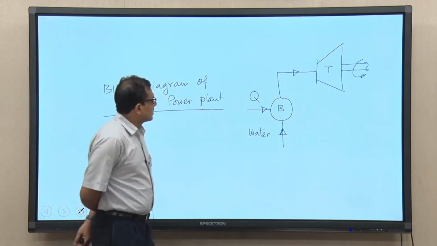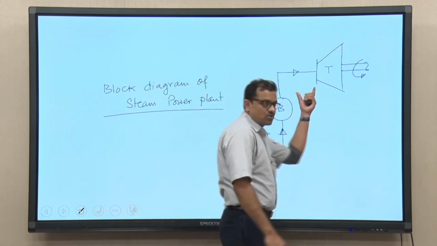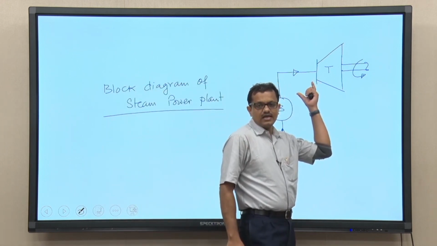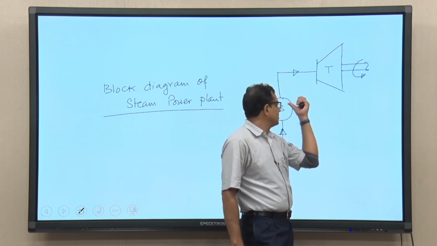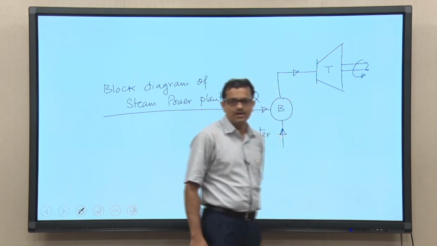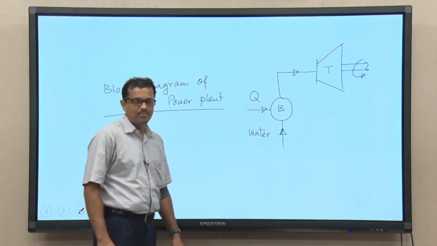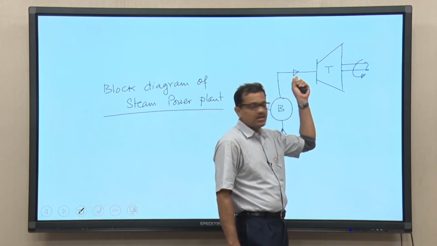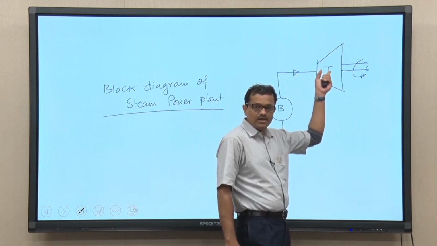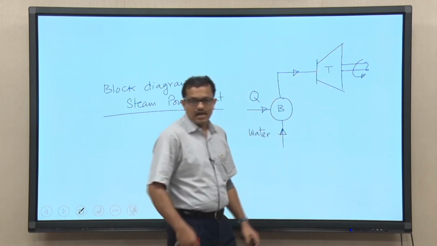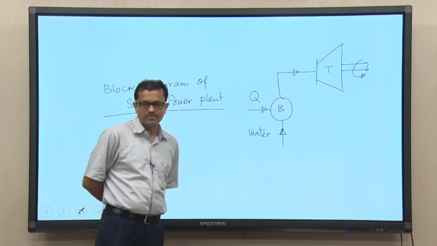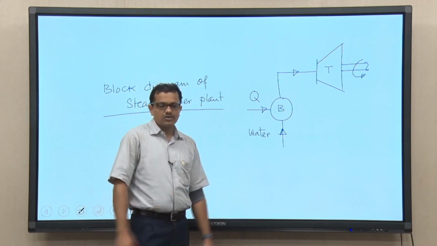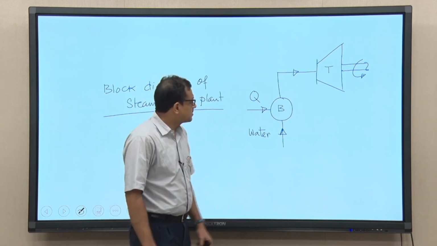It is not so straightforward as I have drawn it schematically by just showing these two components. In real practice, you will find that the steam coming out from the boiler is not directly taken into the turbine; rather, steam is allowed to pass through flow nozzles, of course to achieve some stated purpose.